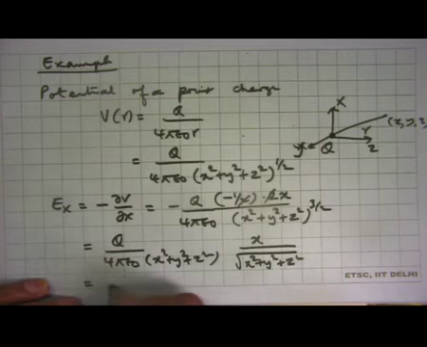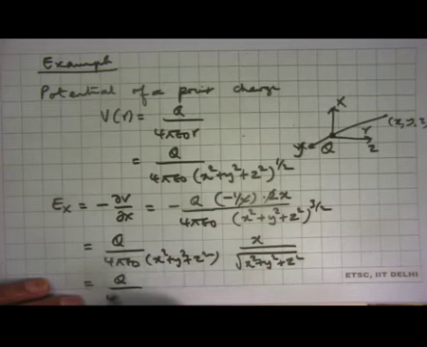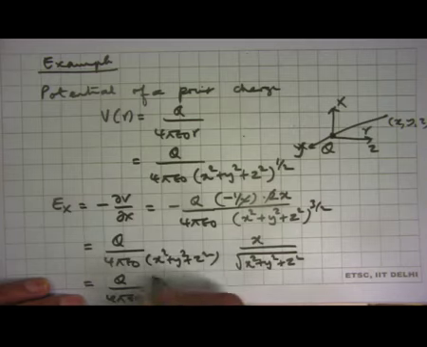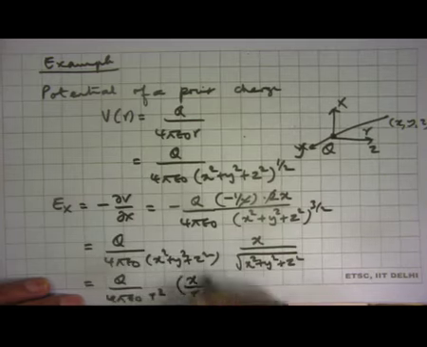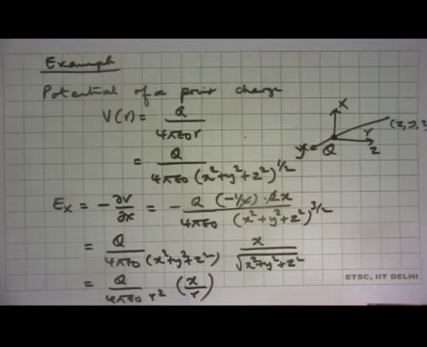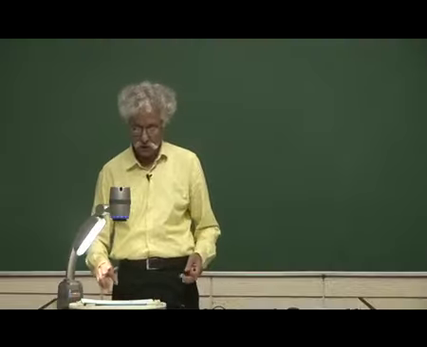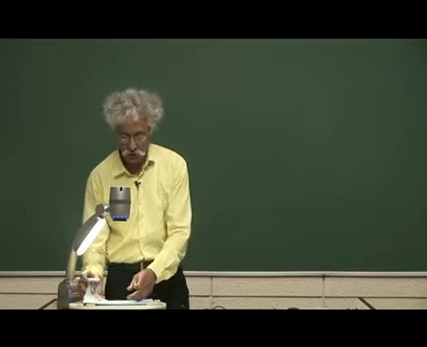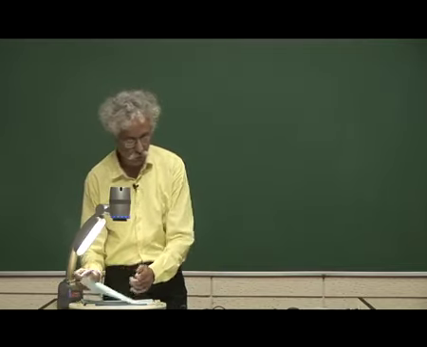So this is nothing but q by 4 pi epsilon 0 r square, and this is x by r. Similarly, you can calculate E y and E z, and from there I will show you that the total electric field is exactly what we had obtained before.